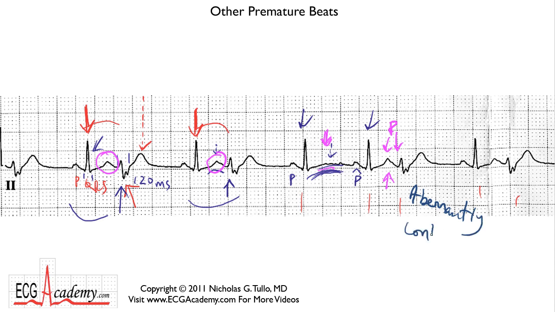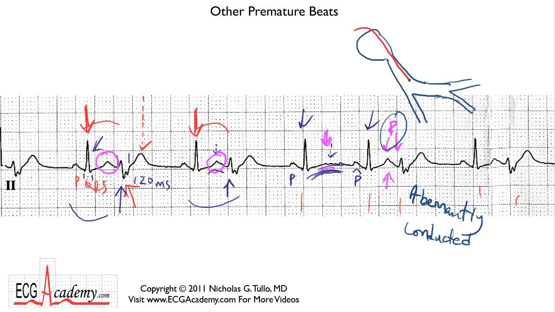They're aberrantly conducted because the premature beat, this P wave, got through the AV node and encountered partial refractoriness of the conduction system below the AV node. So if the AV node is here, and you've got your left bundle and your right bundle, and your hemifascicles going down here, the premature beat gets down just at a point when one of these hemifascicles is blocked.